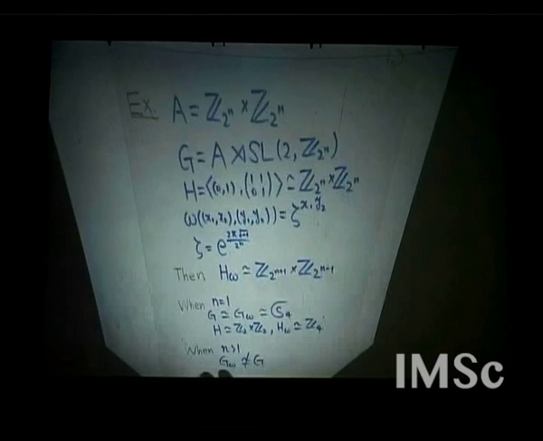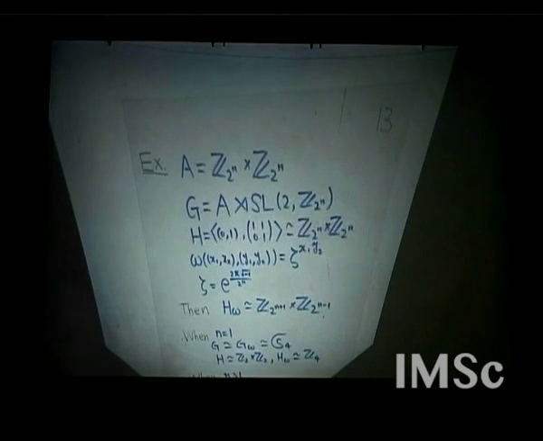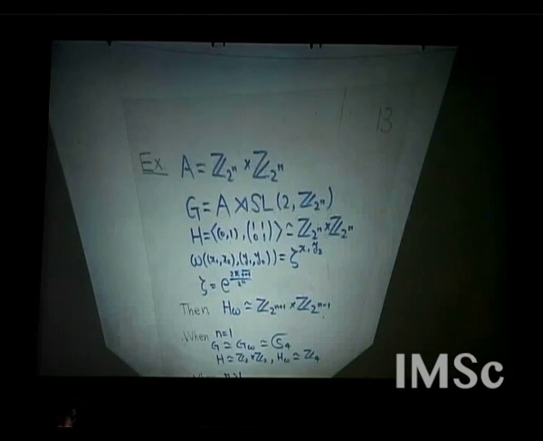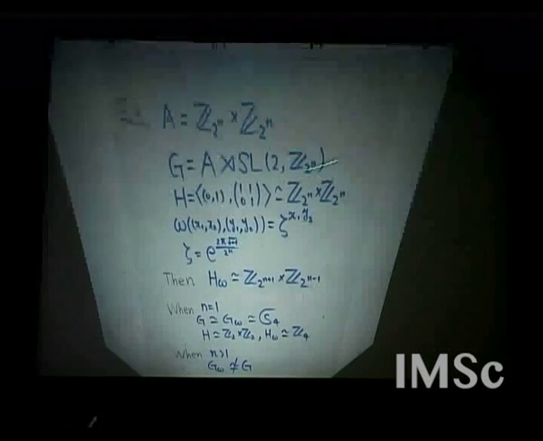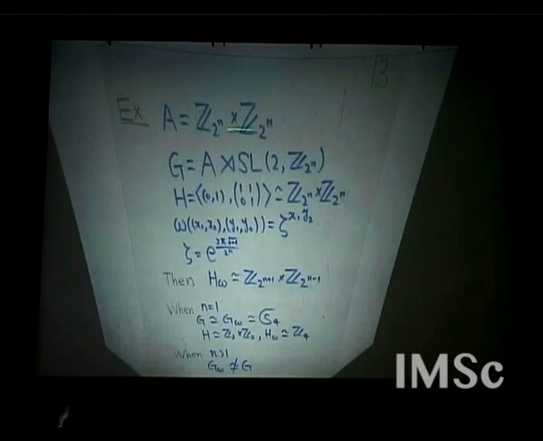Having a complete characterization in our hand, now it's easy to reproduce Sunder and Kodiyalam's example. So let's start with this abelian group, and we form a semi-direct product, and consider this subgroup. It's isomorphic to Z over 2n and Z over 2n.